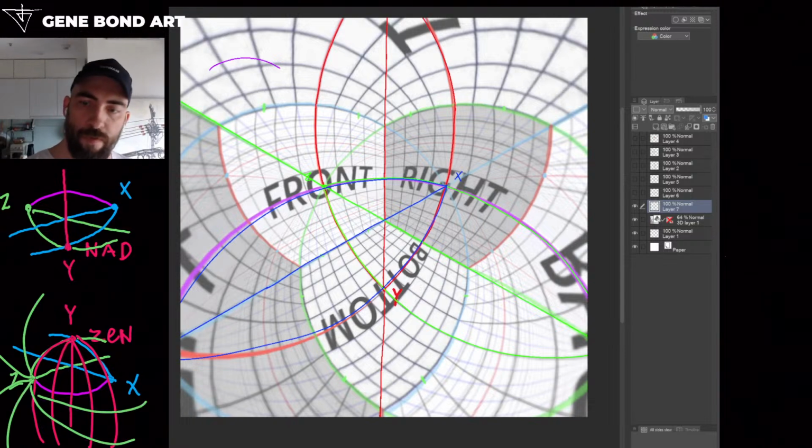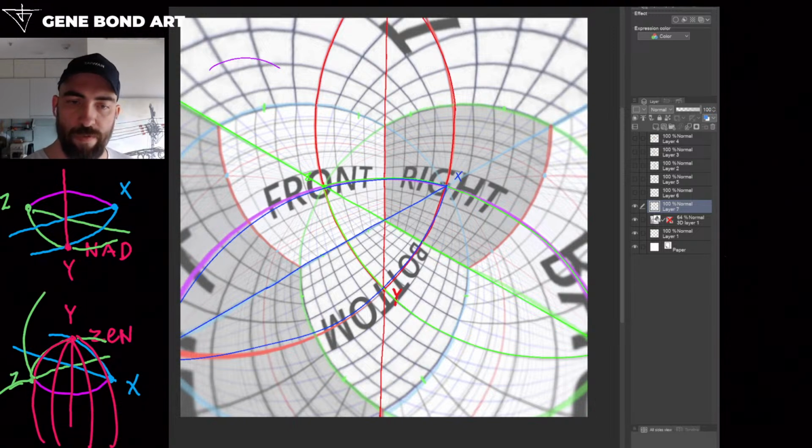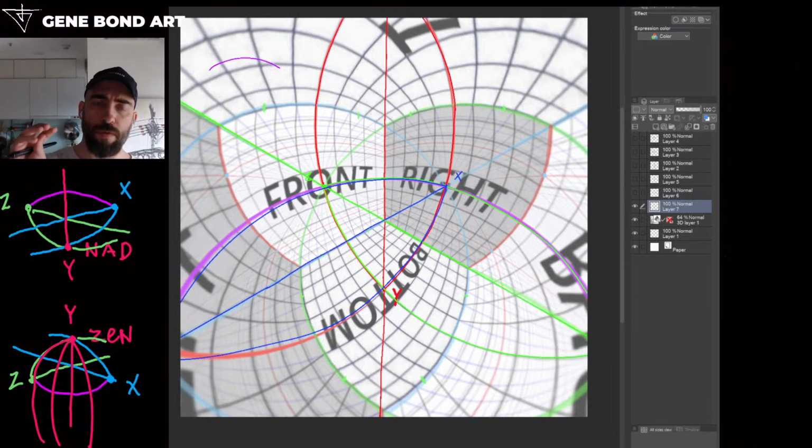What I always recommend, when you watch my videos, you practice drawing in proper sequence. With perspective grids it's super essential, especially crucial when we talk about this complex fisheye perspective grids.